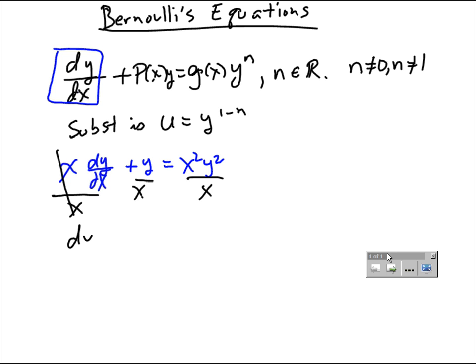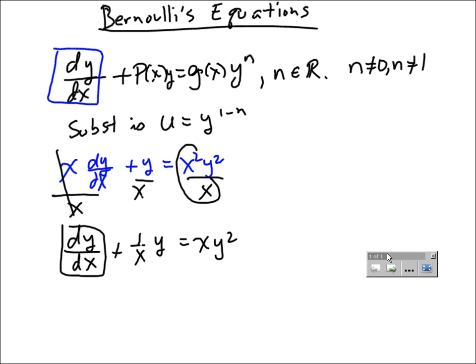Then I get dy dx plus 1 over x times y equals x times y squared. Now this is exactly Bernoulli: dy dx plus p of x times y equals g of x times y to a number.